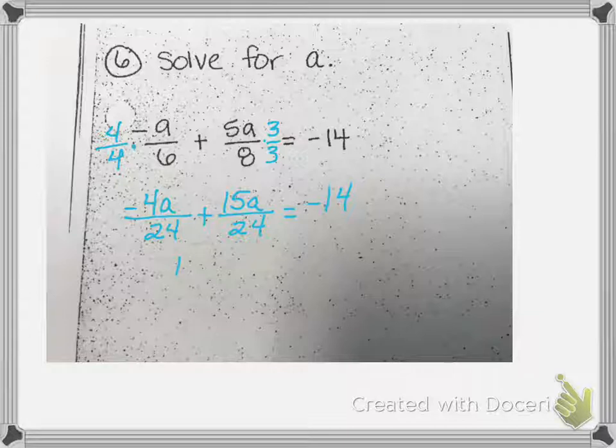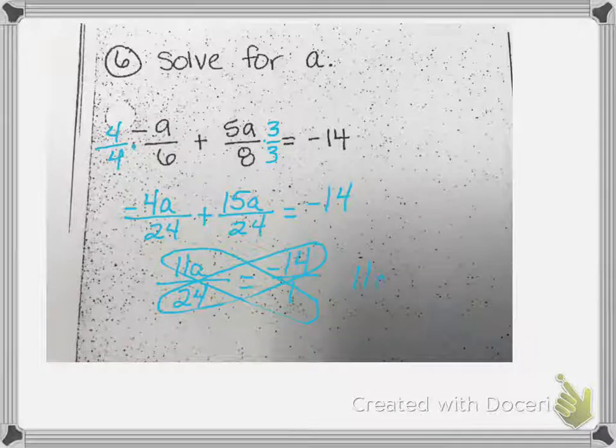Negative 4A plus 15A is 11A over 24 is negative 14. Okay, we're going to go ahead and use that cross multiplying again. So 24 times negative 14 and 11A times 1 gives me 11A is equal to negative 336. Divide by 11. So A is equal to negative 336 divided by 11.